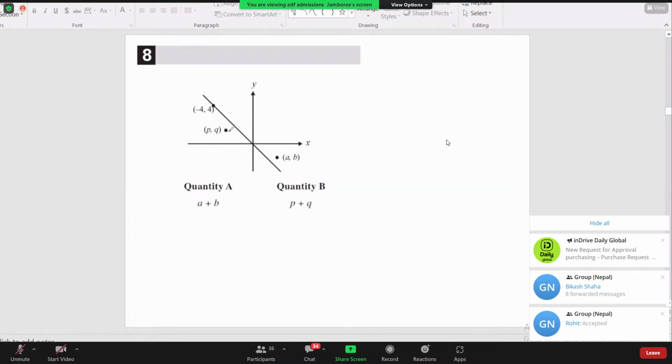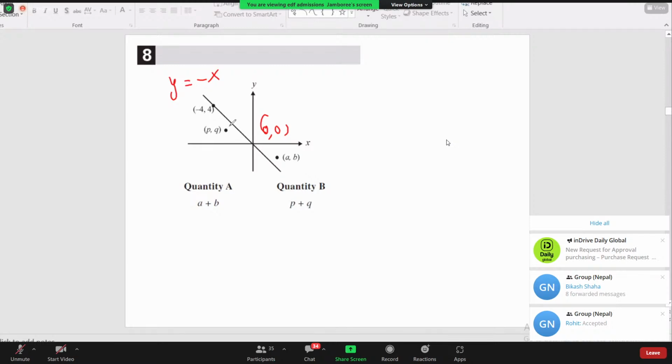Awesome, guys. Let's begin. Clearly, if you notice the figure given here, you will see that this line is passing through minus 4 comma 4 and it is also passing through 0 comma 0. So the equation of the line will be y equals minus x. Now, further, this point P comma Q lies below this line in the second quadrant.